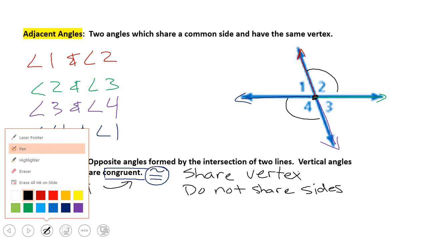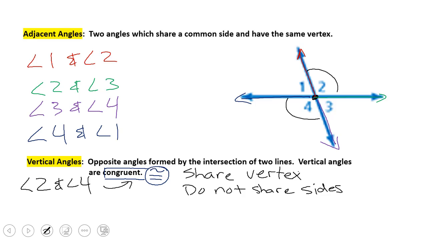And lastly, you can't really see yellow, so let's go with red. I'm going to do this one up here and this one over here. The other set of opposite angles, which share a vertex but not a side, formed by intersecting lines, angle 1 and angle 3, are also vertical angles, and they are congruent.